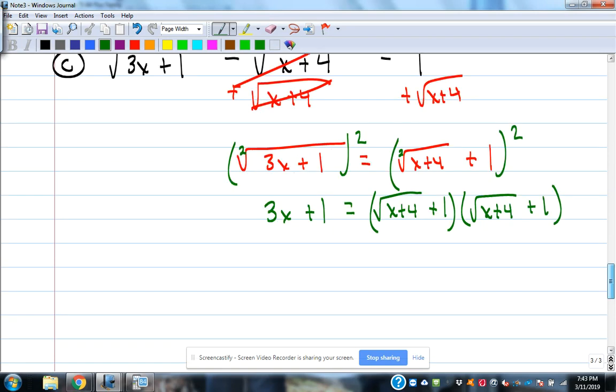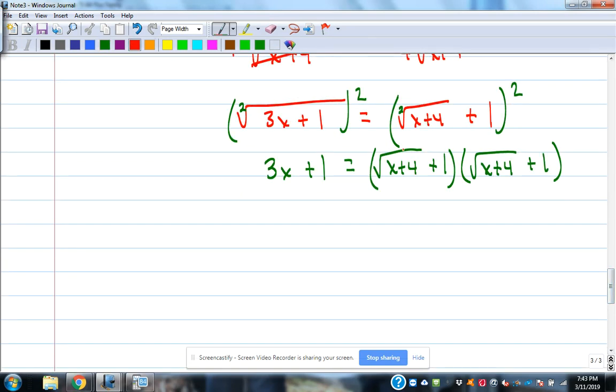Not difficult, just a little bit long. Okay? Now, when I multiply that, it's like distributive property twice. So I'm distributing square root of x plus 4 to both pieces. So that's going to be square root of x plus 4 times the square root of x plus 4. If I think about just multiplying 2 of the square roots that are the same together, what's the square root of 7 times the square root of 7?